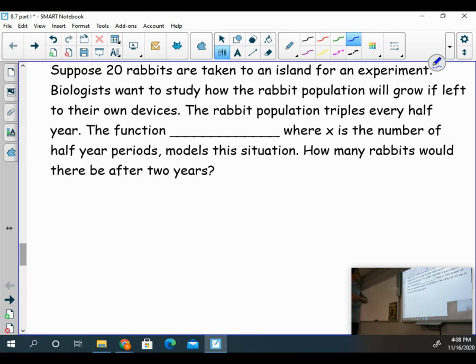The rabbit population triples every half year. The function f of x equals 20 times 3 to the x, where x is the number of half-year periods, models this situation.